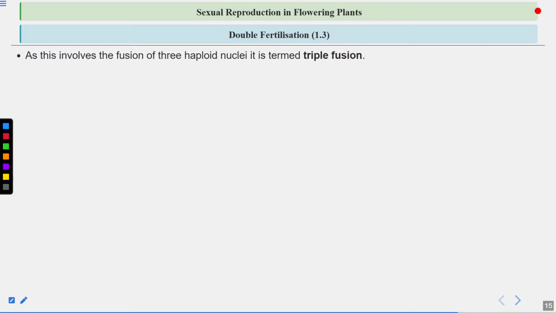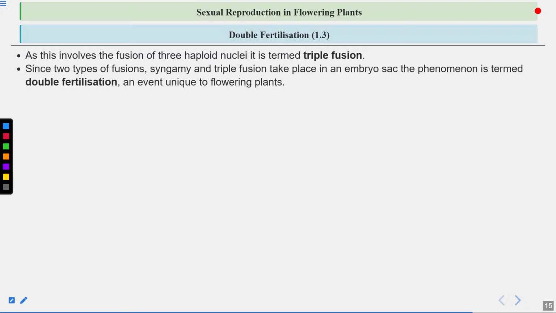As this involved the fusion of three haploid nuclei, it is called triple fusion. Since the two types of fusion, syngamy and triple fusion, take place in the embryo sac, the phenomenon is termed double fertilization, an event unique to the flowering plant. This you see only in the flowering plant.